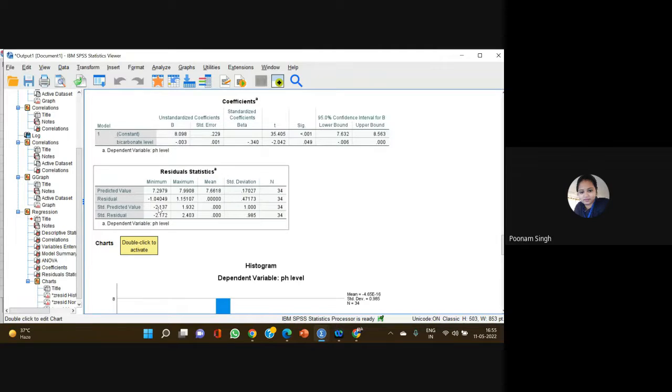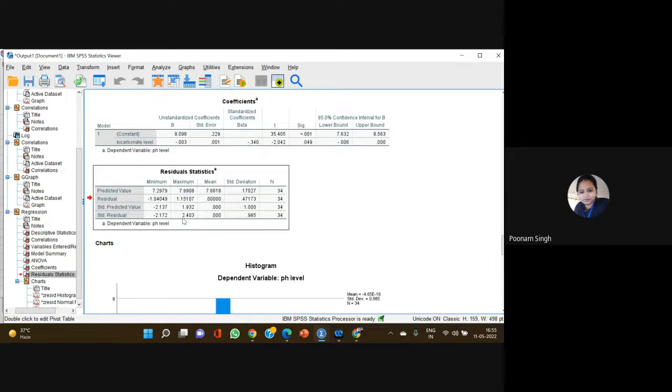You can see the standardized predicted value, minimum and maximum, is between -2 and 2. So it is within the range. Standardized residuals should not exceed -3.29 to 3.29. So it is within the range.